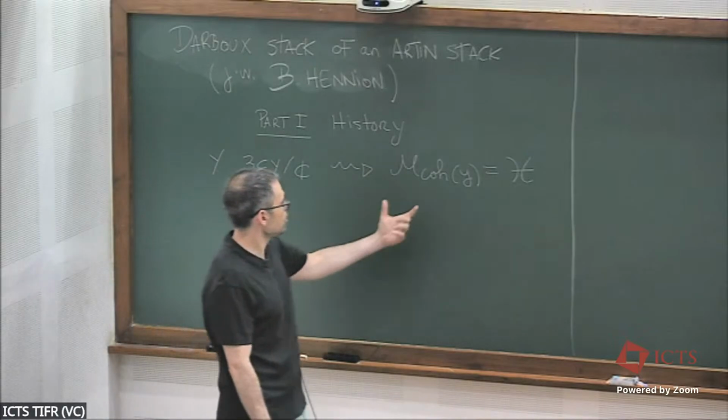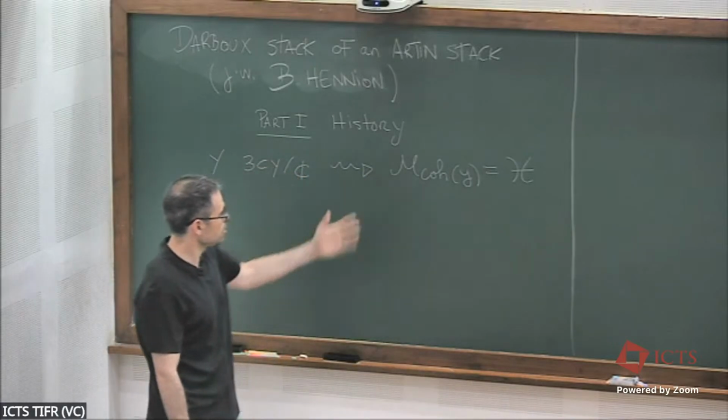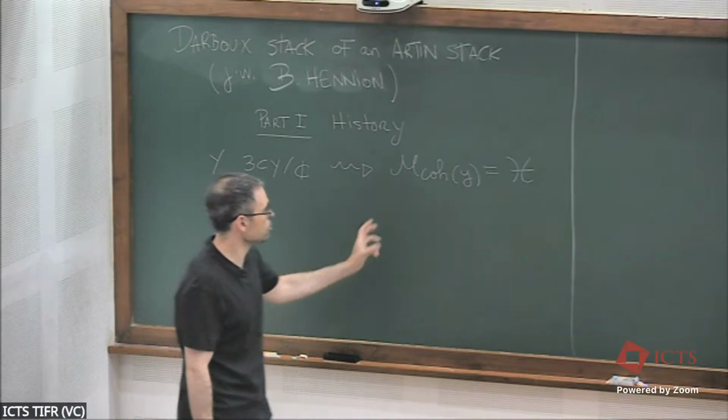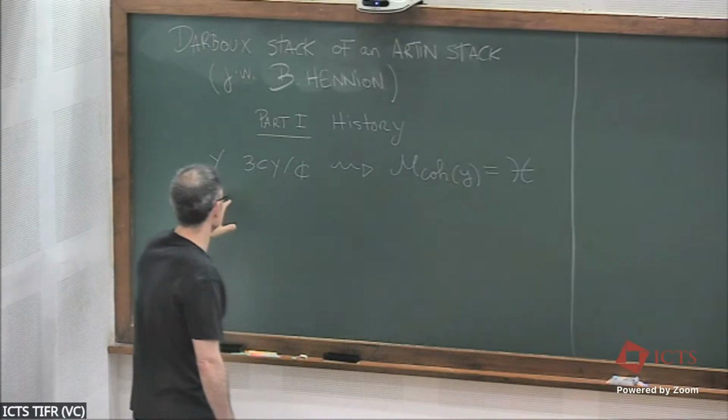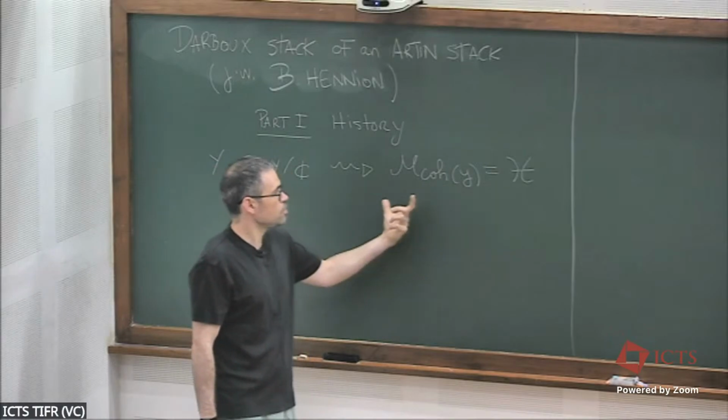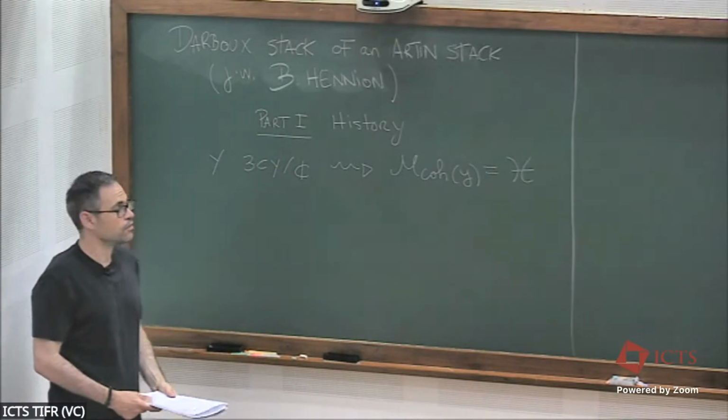You can think of this as ideal sheaves. Inside this moduli space, there are ideal sheaves corresponding to curves. So describing the geometry of this moduli space is somehow describing the geometry of curves inside Y.